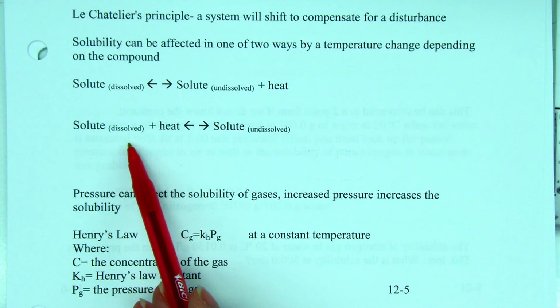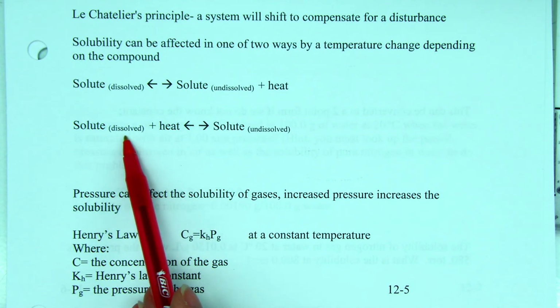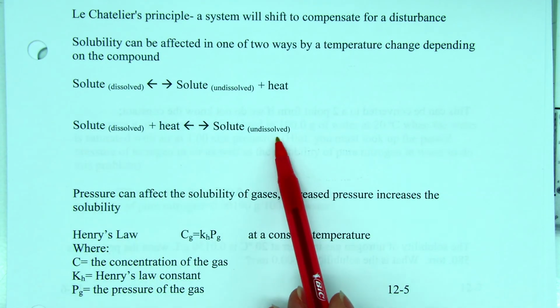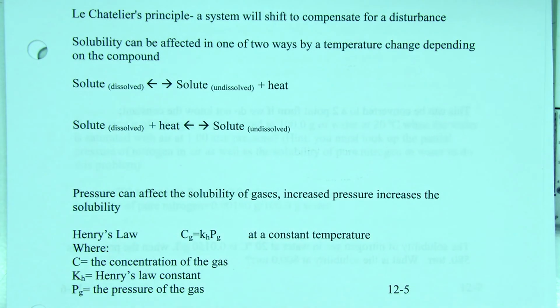This is very unusual, where you have the material dissolved adding heat and you make more undissolved. There are some very rare ionic compounds made with cerium, like cerium sulfate, I think, does this, that when you cool it down, you actually get more dissolving. Most things, when you cool them down, less dissolves, and when you heat them up, more dissolves.